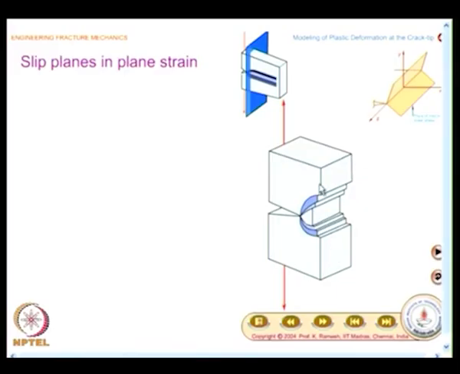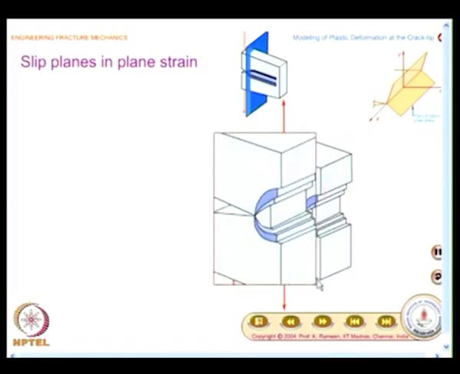So, what is shown is you have a thick specimen, I have a crack here, and because the maximum shear stress plane is like this, you will have material slipping like this, and this is a highly exaggerated picture for visualization purpose, and this is further exaggerated by a small portion here, that also you will see.